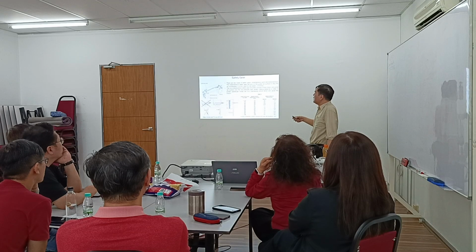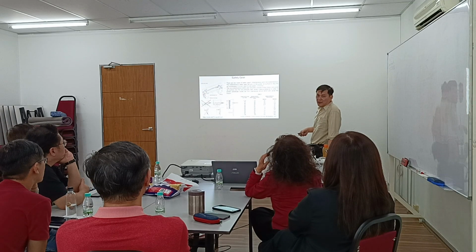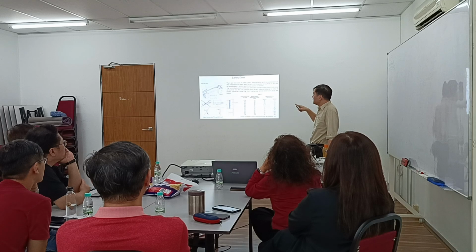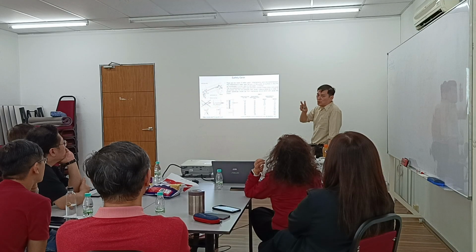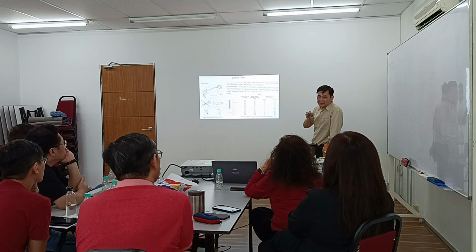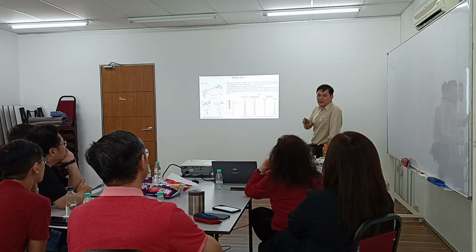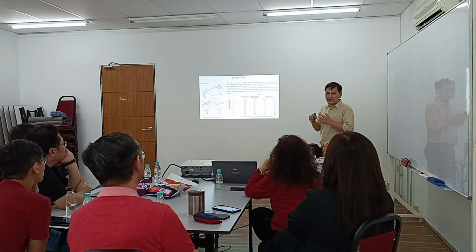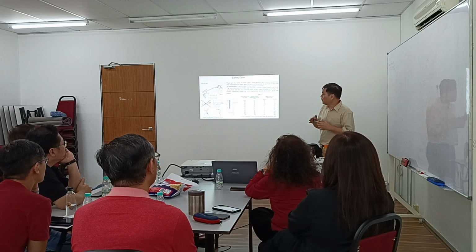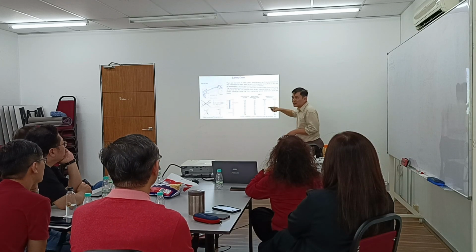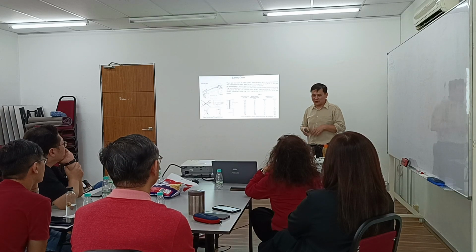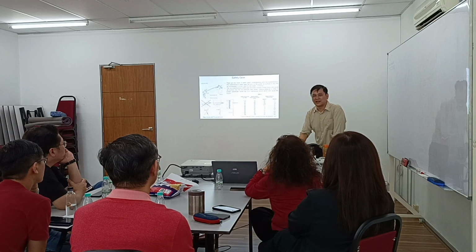So this is the lift safety gear. There are two types of safety gear, which I can also explain. One is instantaneous, another one is non-instantaneous. Instantaneous means the lift will stop immediately. But in our application, we have to use non-instantaneous. Any idea why we need to use non-instantaneous?